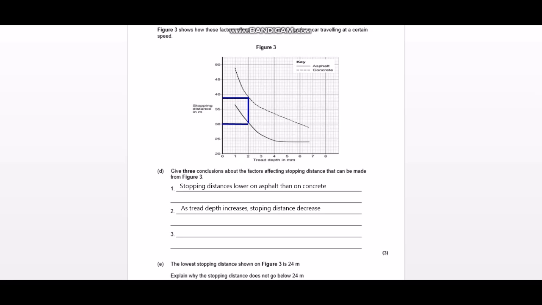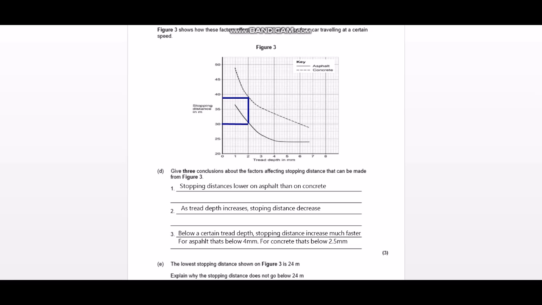Also, we can see that as the tread depth increases, the stopping distance decreases. A thicker tread has more contact with the road, and I think that's going to increase its braking ability, which reduces the stopping distance.